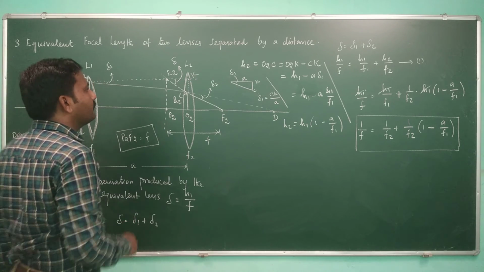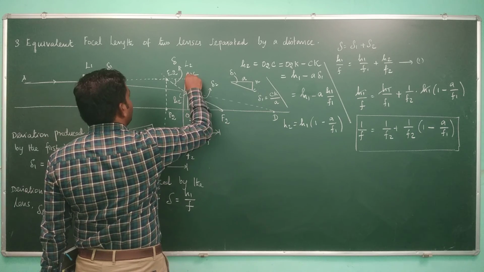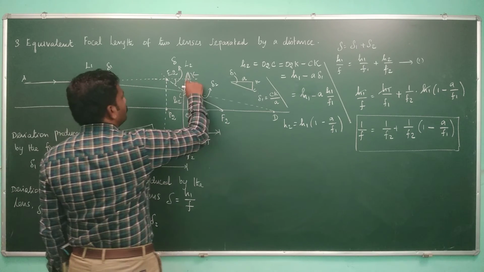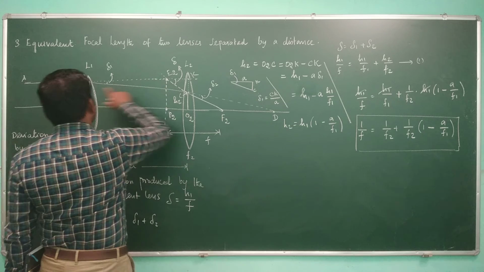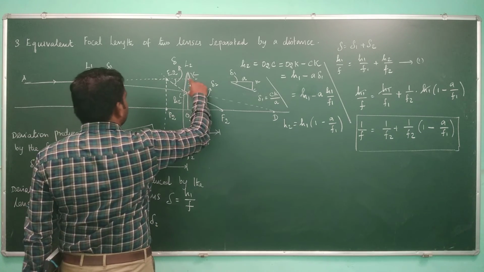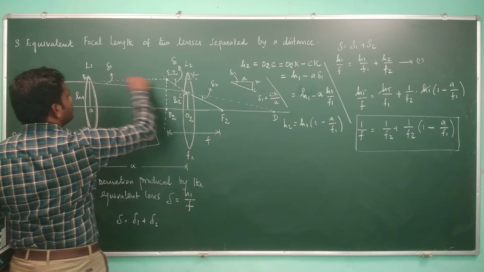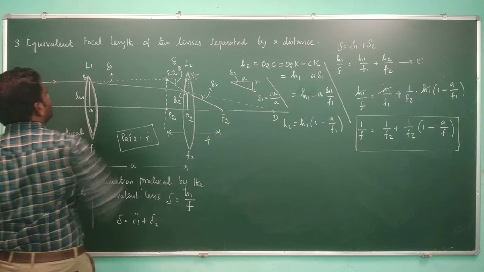But ck we don't know, but O2k is h1, this height. So we need to subtract ck from h1, but we don't know what is ck, so for that we use this triangle. In this triangle we know this distance as a, and this is angle delta 1.